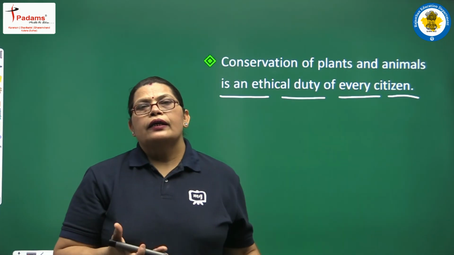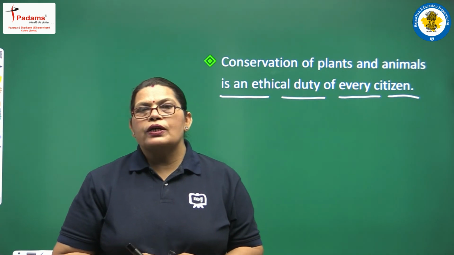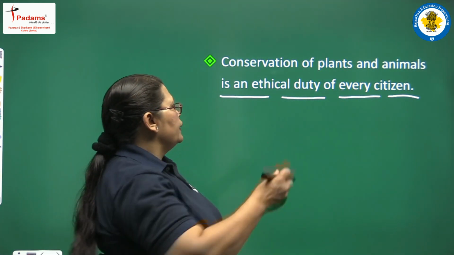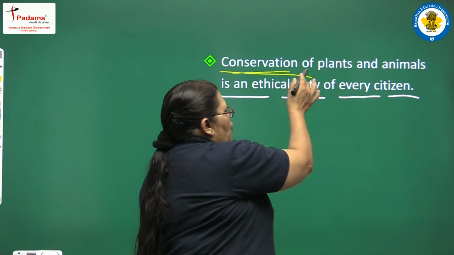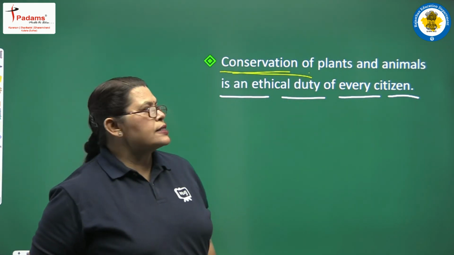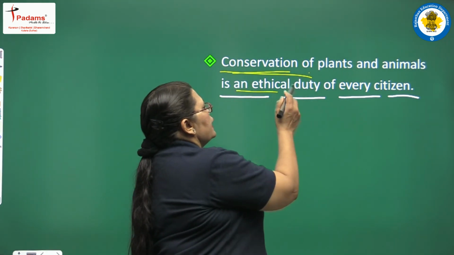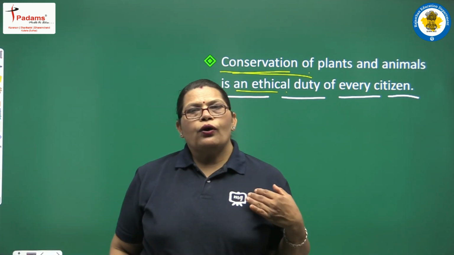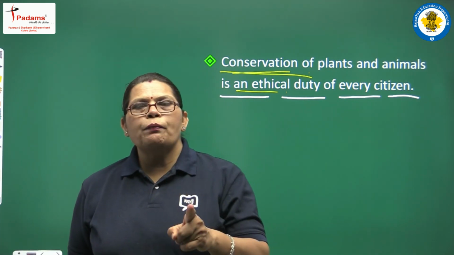So again there is awareness for all of us to save these species for their multiplication in the future also. And conservation of plants as well as animals is an ethical duty of every citizen. Yes, we all do our duty in a very proper way.